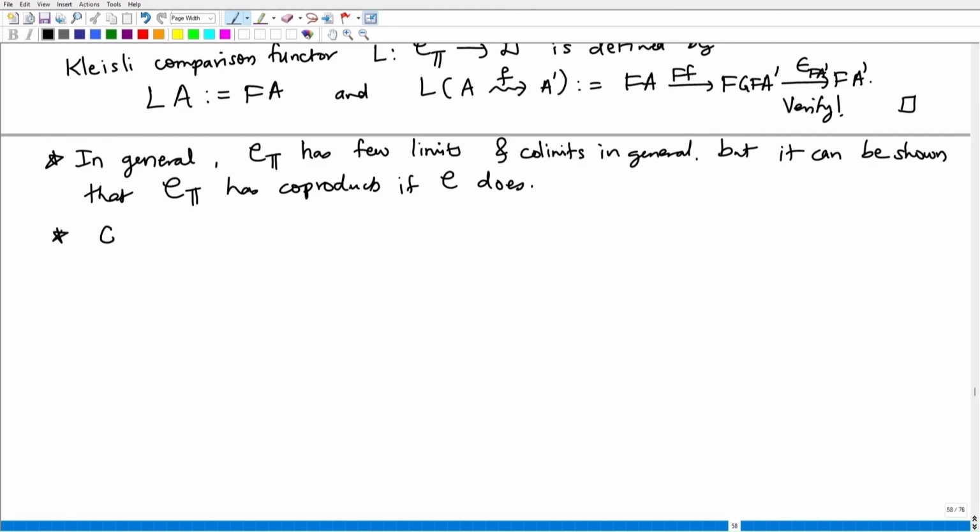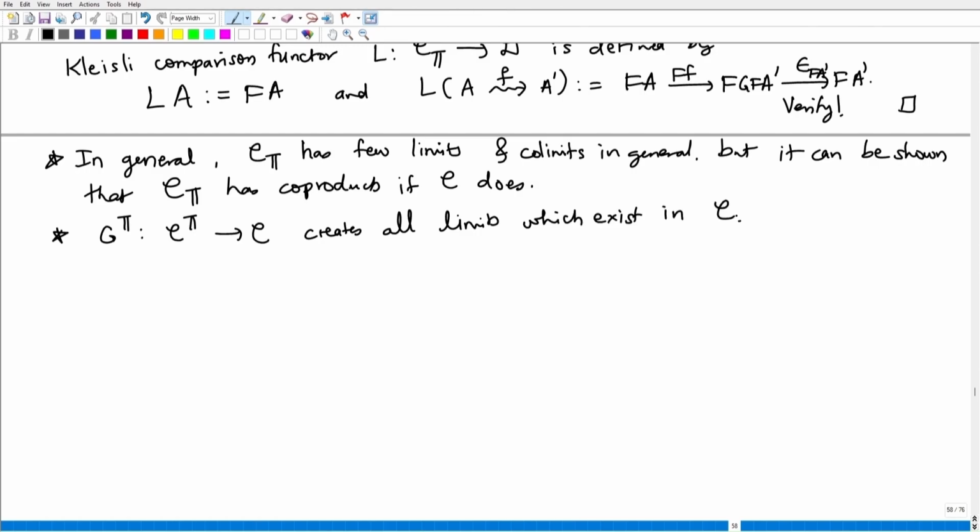So G^T, and this result is more along the lines of our discussion about algebras. The forgetful functor from algebras to the base category creates all limits which exist in C.